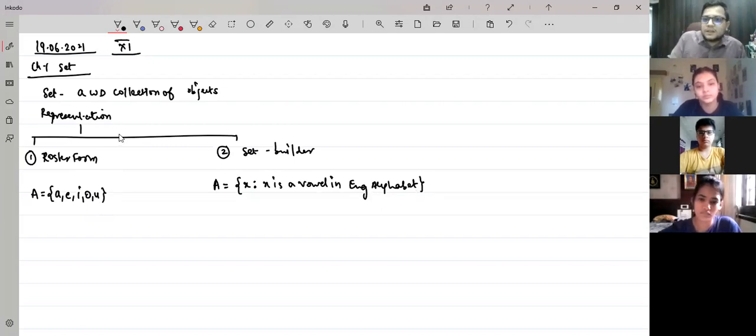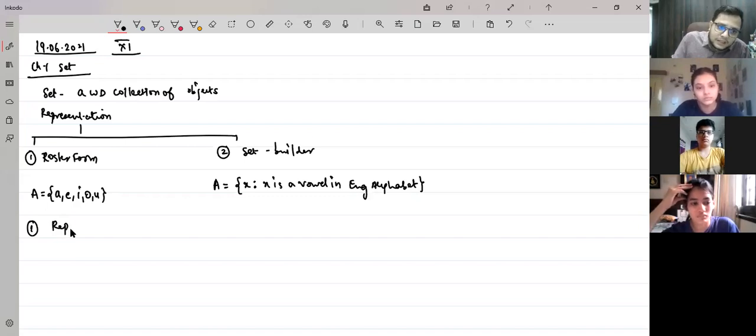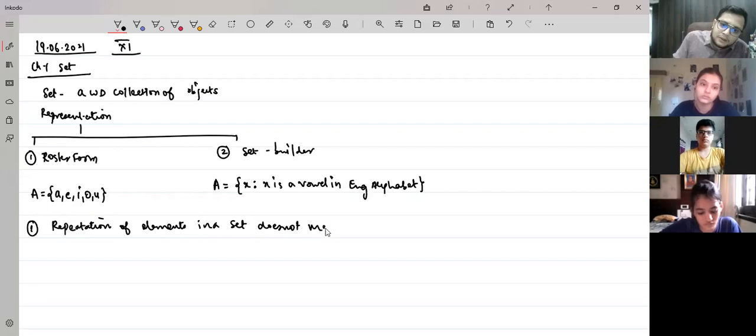Now, after this representation, we talked about two particular properties that हमें समझ में आई थी. First, repetition of elements in a set does not matter.